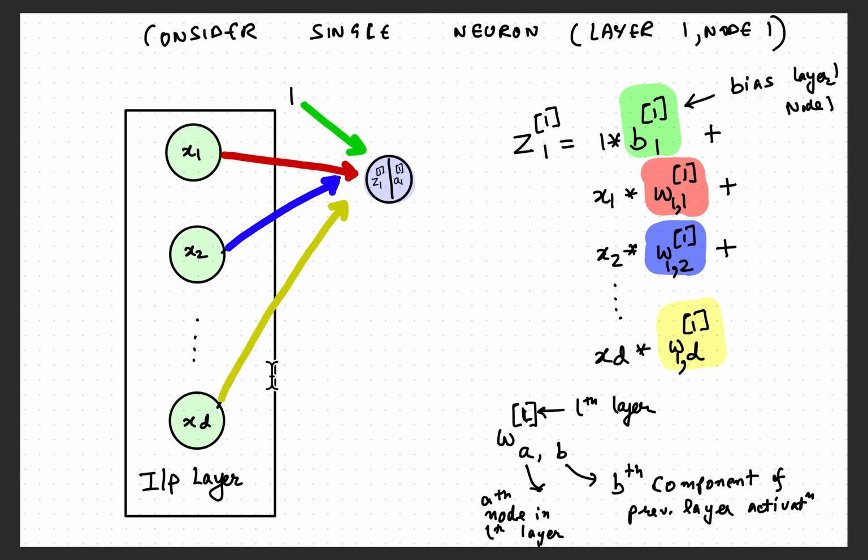Since the previous layer was d-dimensional, the term after the comma goes from 1 through small d. Right, so we can write Z square bracket 1 subscript 1 in this particular fashion.